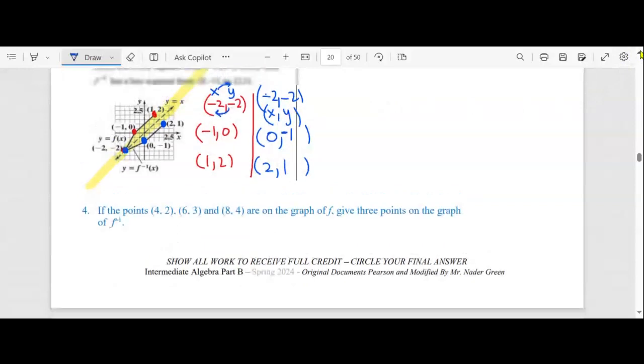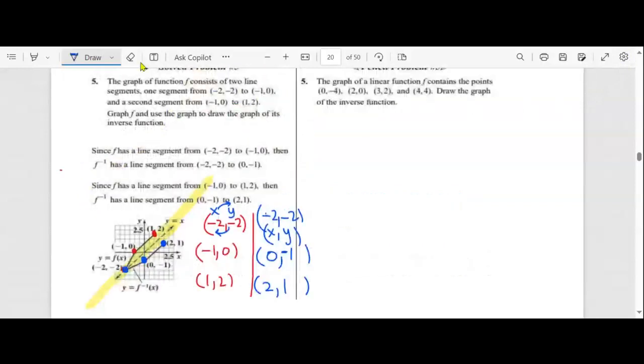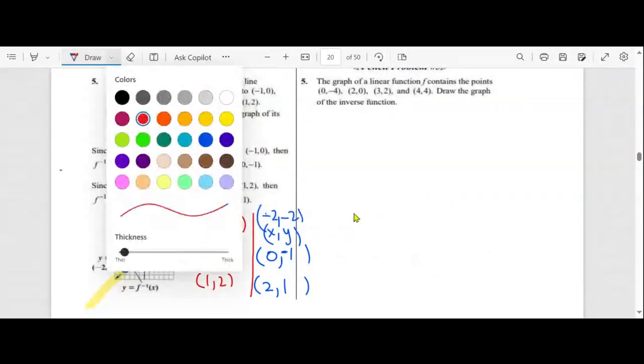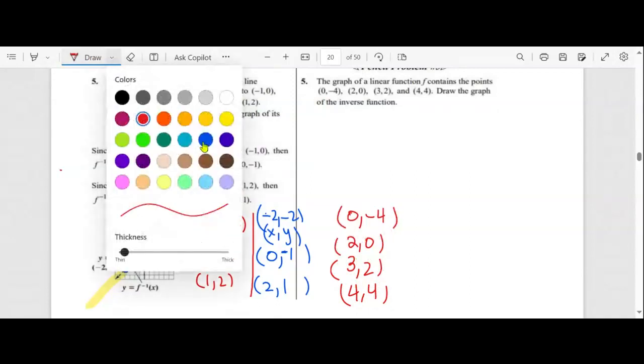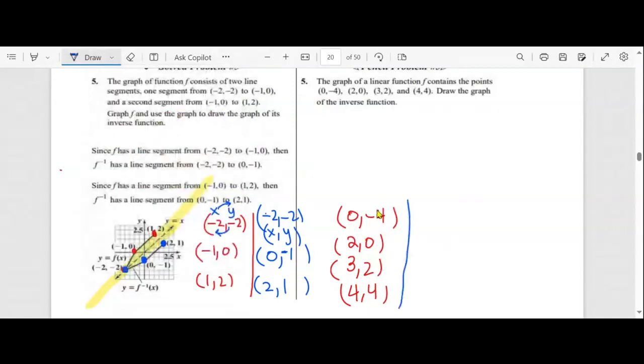Now let's do the other one together. What are the values here? 0 and -4. 0 minus 4, -4. 2 and 0, 3 and 2, 4 and 4. Okay, and to get the inverse, it will be -4 and 0, 0 and 2, 2 and 3, 4 and 4.